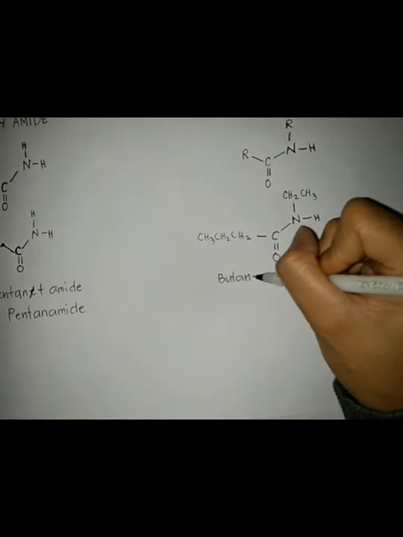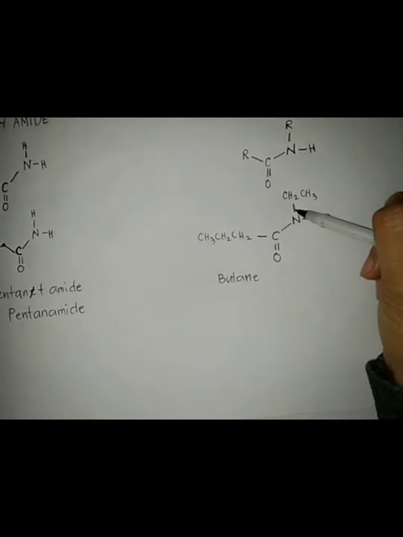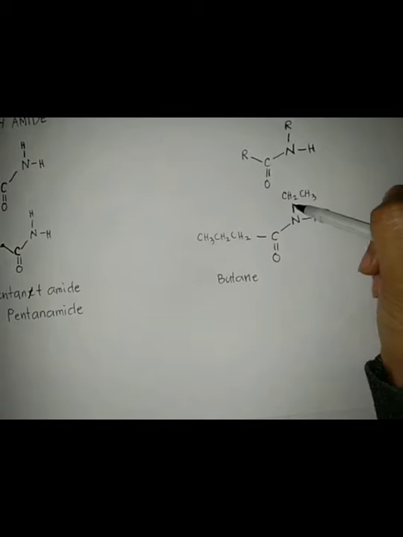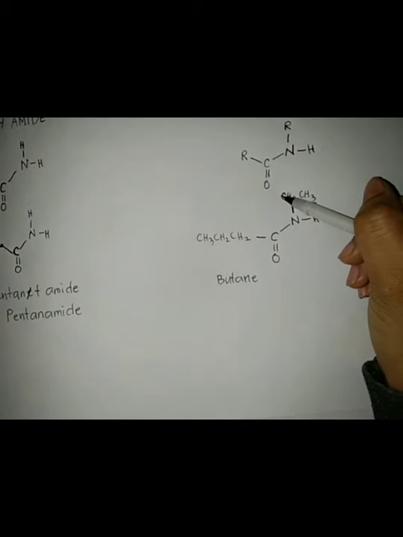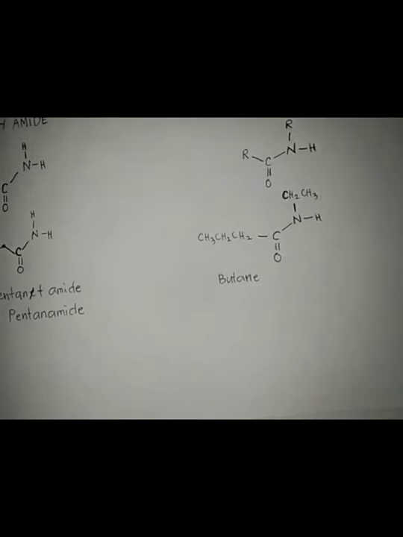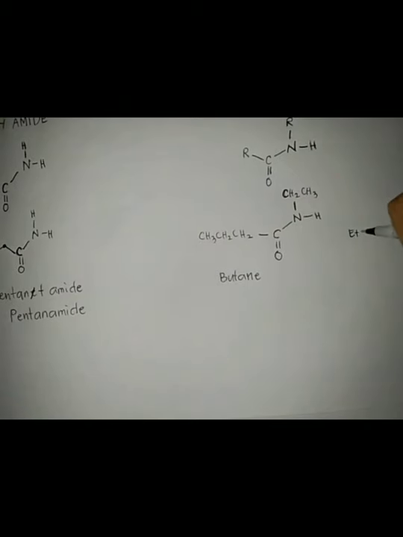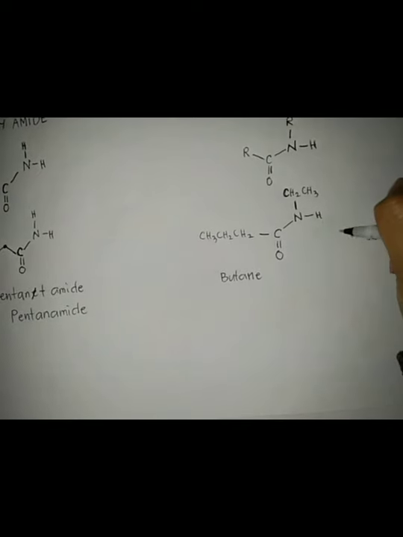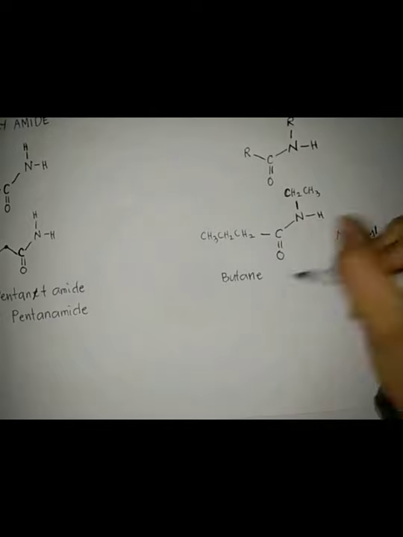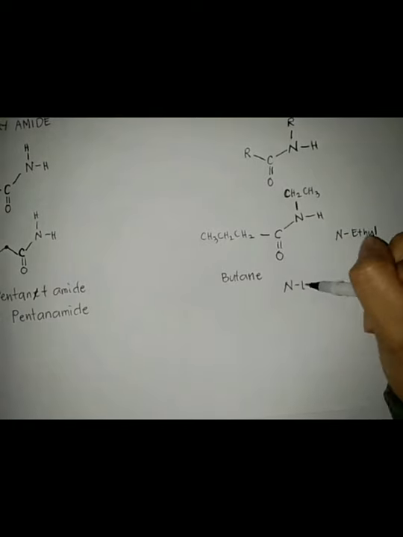Butane, ane because it also belongs to the alkane group. Our nitrogen here is bonded to an R group. Our R group is ethyl because it has 2 carbon atoms. Since it is bonded to nitrogen, we will add N. So it is N-ethyl.